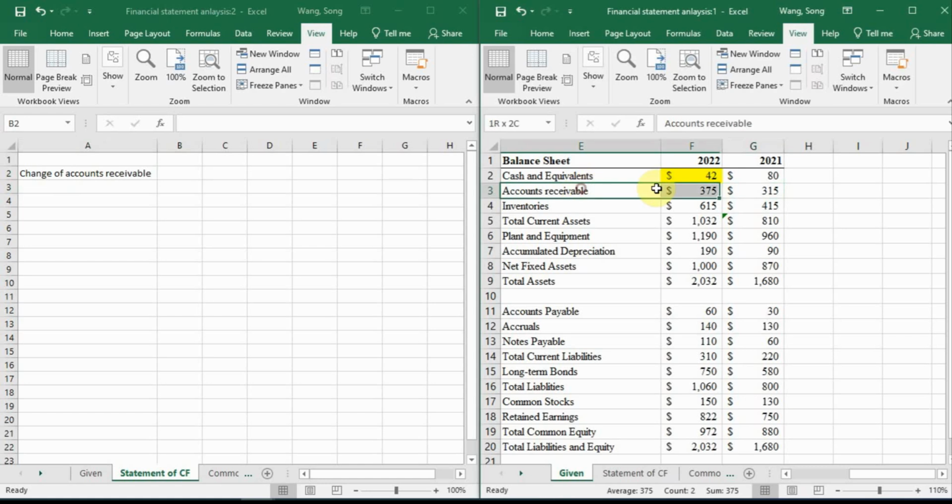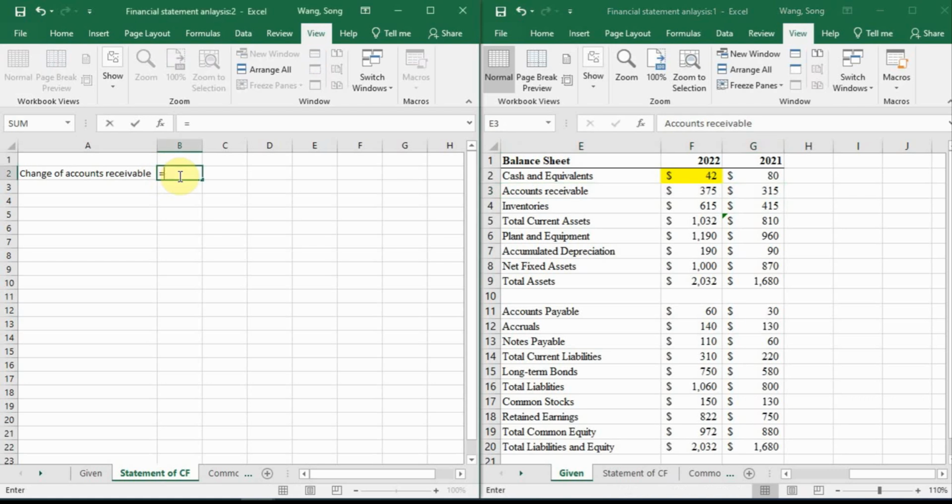And the increase of accounts receivable means that you are not collecting your bills, so you would have a cash shortage. So you would need to use the negative of the change: accounts receivable in the new year minus the previous year. All right, so that's a negative 60.